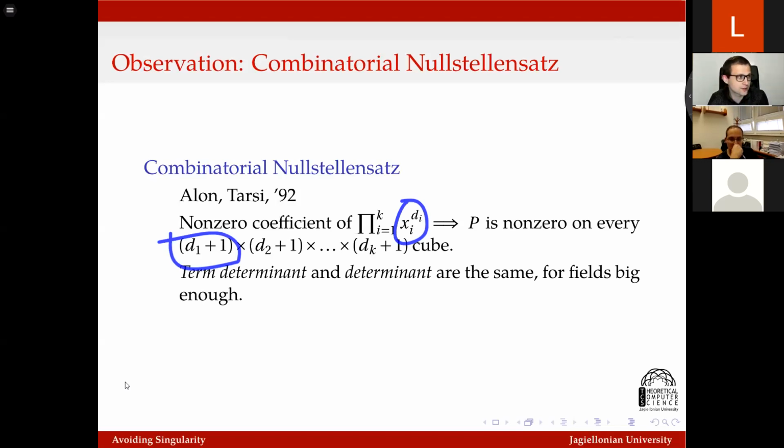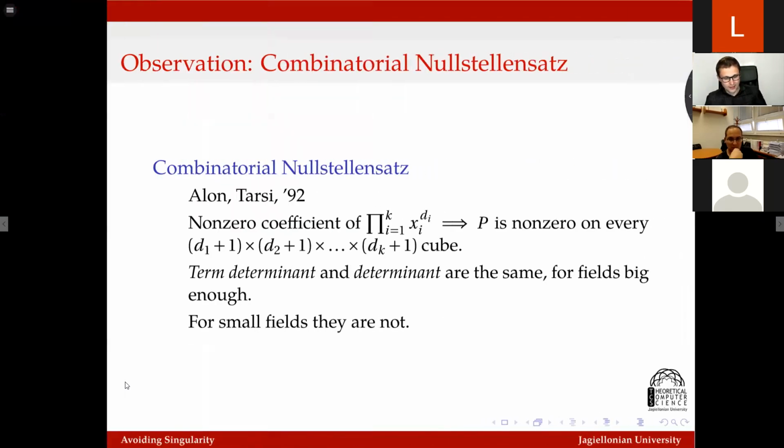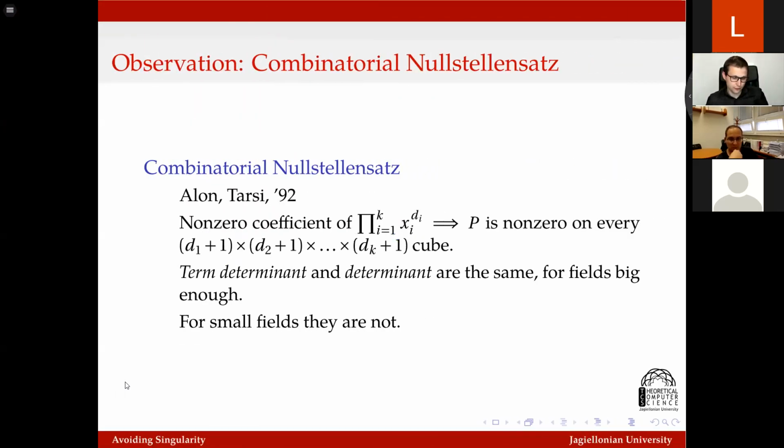But if we consider those generalizations, it's important to consider them on fields big enough, meaning at least one more element than the degrees in the polynomial. Because for smaller fields, very bad things happen. You can have a determinant polynomial that is non-zero, but it's always 0 when you evaluate it.